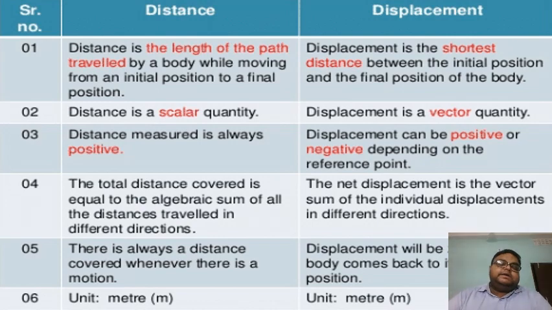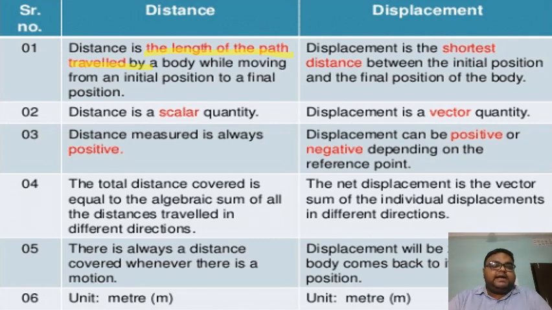Now let's look at the difference between distance and displacement. Distance is the length of the path traveled by a body while moving from its initial position to the final position. But displacement is the shortest distance between the initial position and the final position of the body.